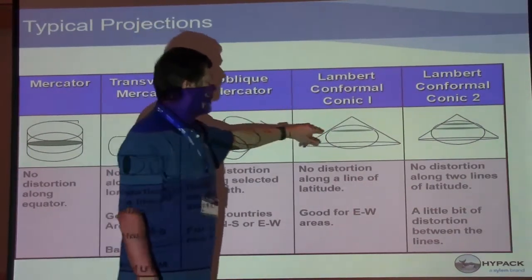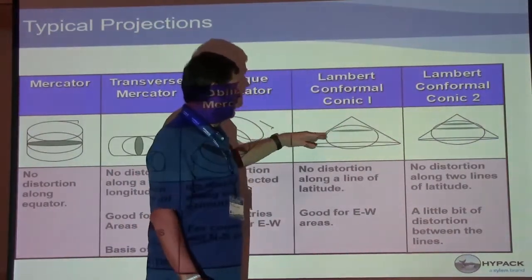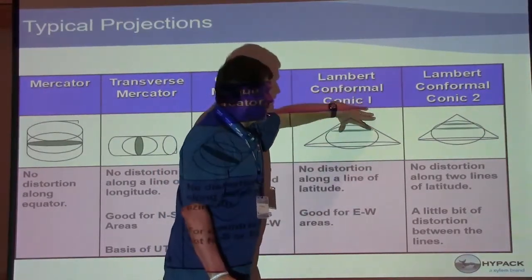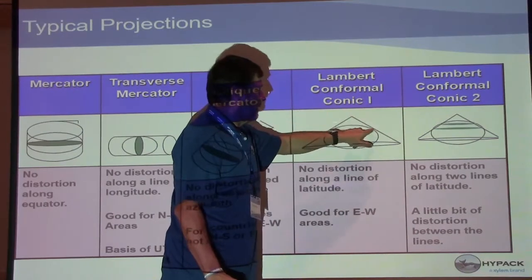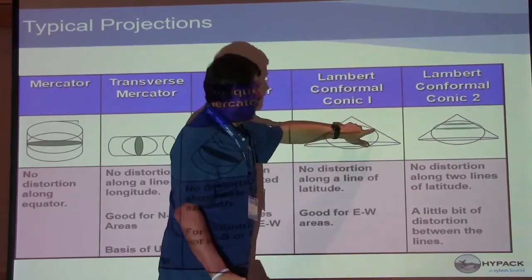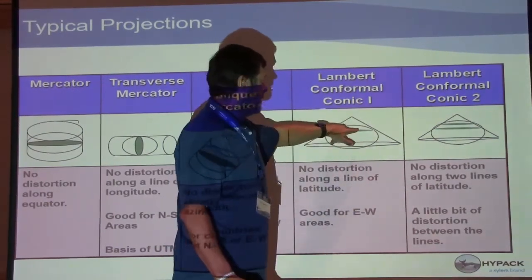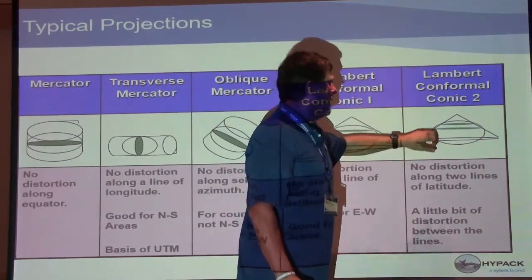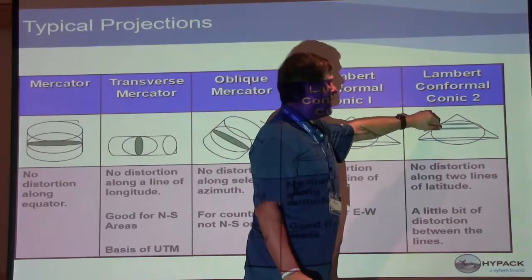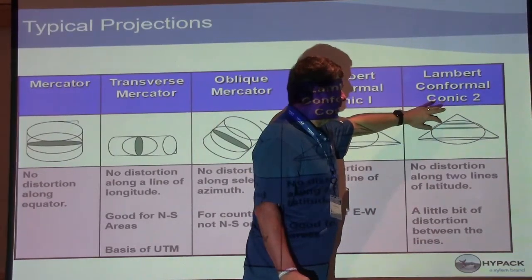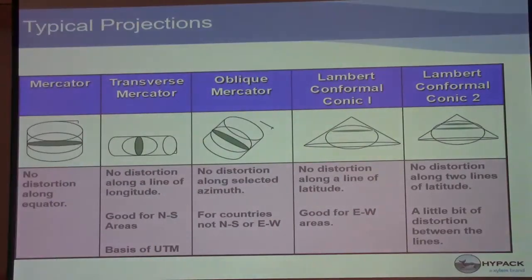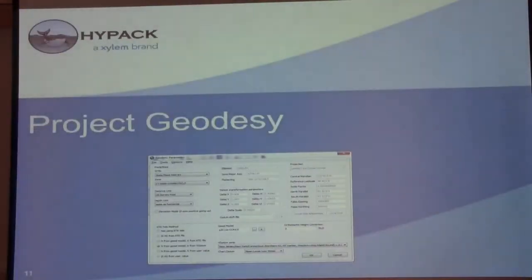And then the Lambert conformal is basically a kind of cone shape that fits over the ellipsoid, and the least amount of distortion is where the cone and the ellipsoid actually meet. And then the conformal conic 2 basically has the 2 intersection points between the cone and the ellipsoid.